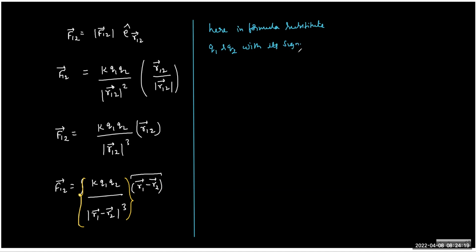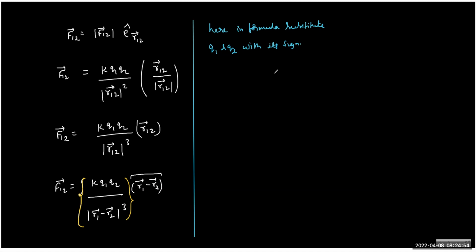So now it will take care of everything. Let's say you put Q1 as negative and Q2 as negative, so both have similar charge. It means both will repel, right? And minus into minus is plus, so that will also be taken care of. Now if I make both positive, then again positive. But if I choose one charge as positive, the other as negative, then definitely it will give you a negative sign, and the negative sign will flip the direction. Understood? By simple modification, we can take care of the nature of charge also.